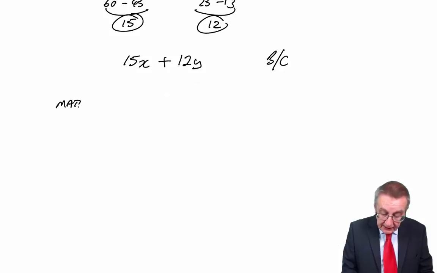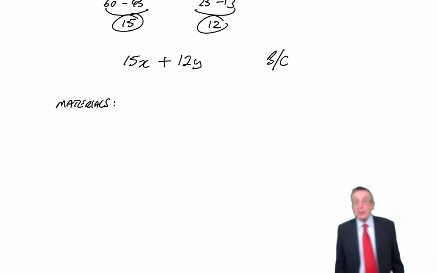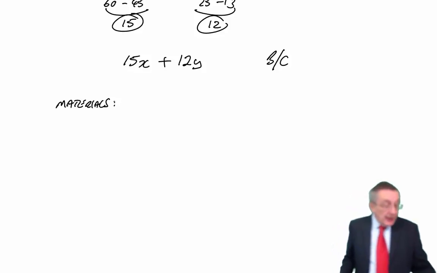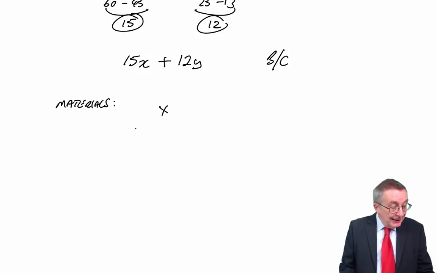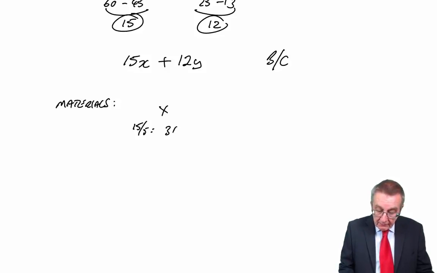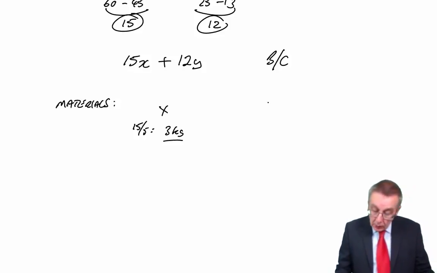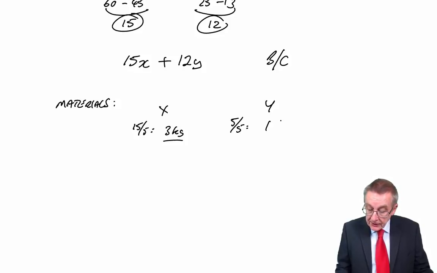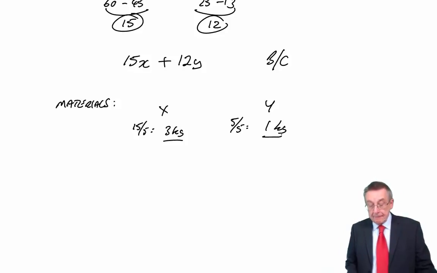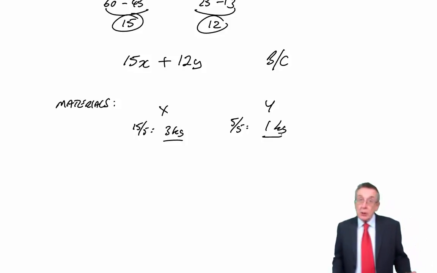First of all, materials. We're limited with only 4,200 kilos available. How much material does product X need per unit? Well, we're charging $15, it's $5 a kilo. So it'd be 3 kilos for each unit of X, and similarly for product Y. $5 in total, it's $5 a kilo, so 1 kilo for product Y. So in total, how much materials do we need?